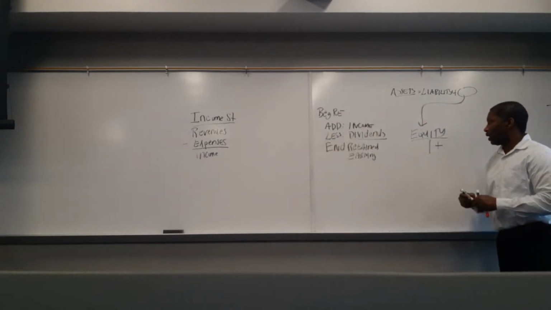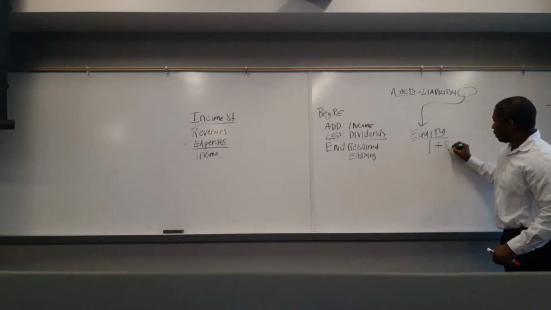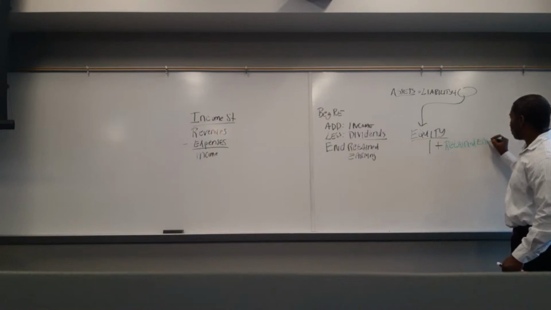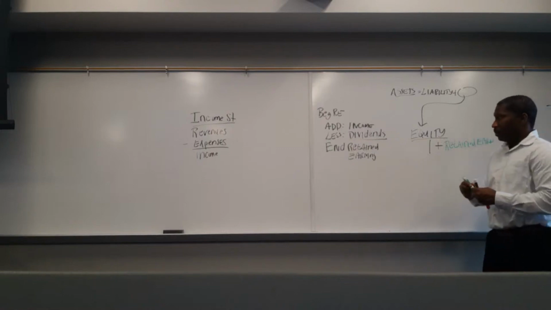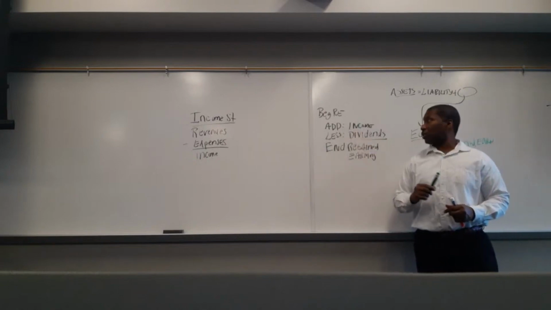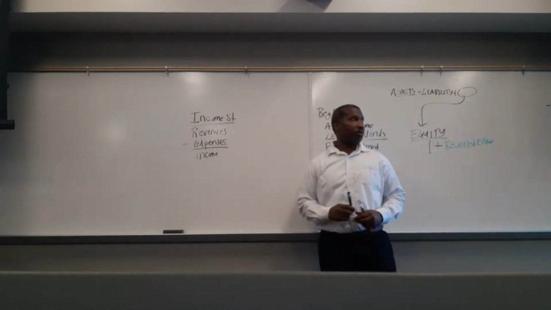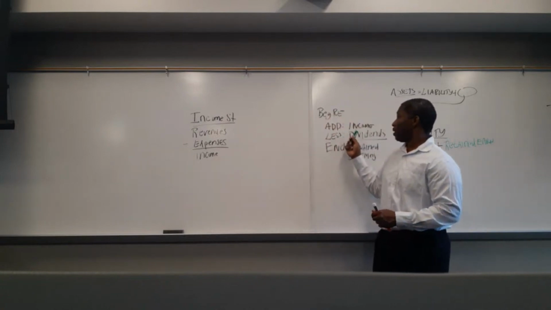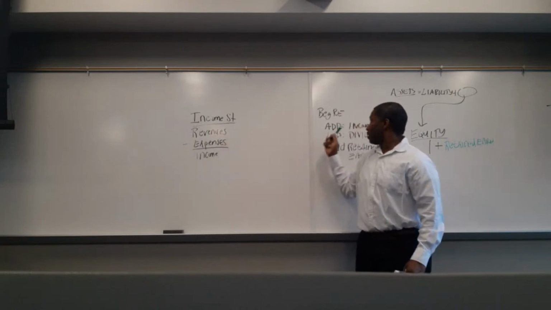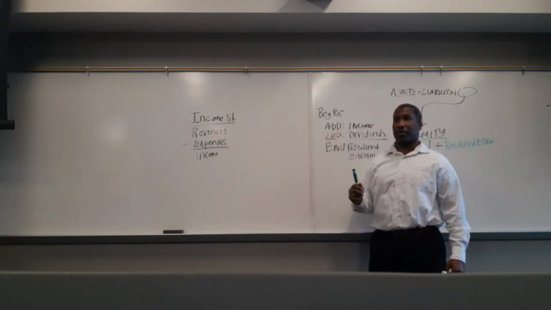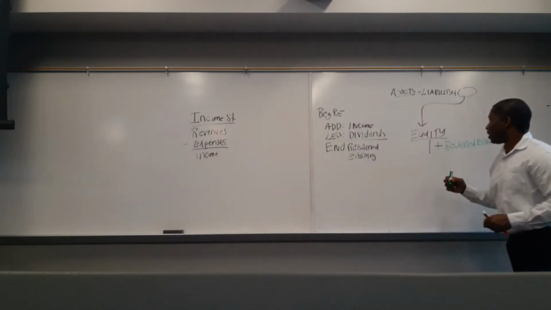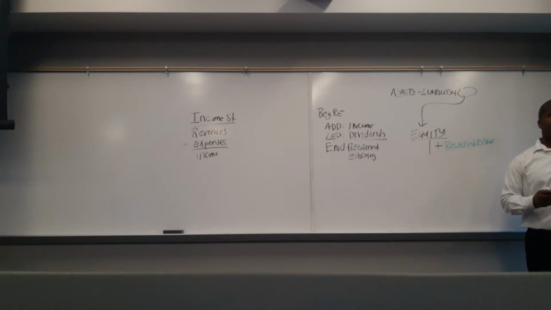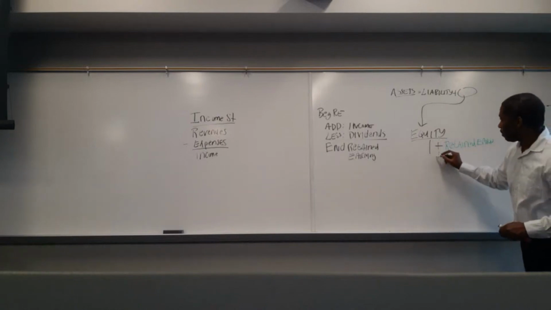So if we did not distribute it, we increase retained earnings with the credit. Now, do revenues increase retained earnings? If we add it here, which part adds to the income? The revenues or the expenses? The revenues. So we can say that we increase our equity by increasing our revenues. How do we increase our revenues? With a credit, okay?